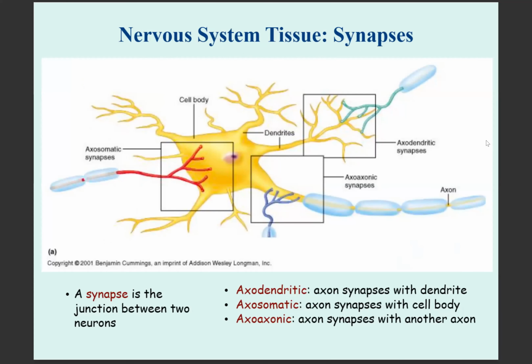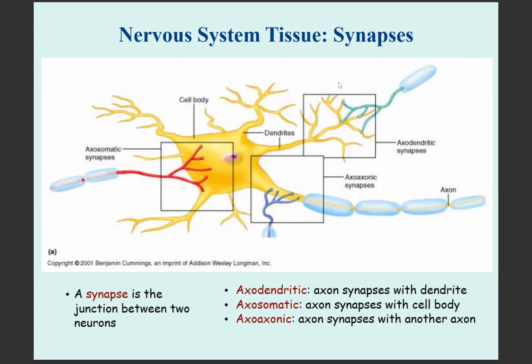So axons can communicate with another neuron, and when they do that, we call it a synapse. A synapse is actually a junction between two neurons. An axon can communicate with any part of the neuron.